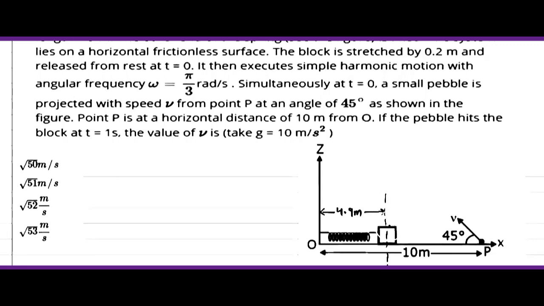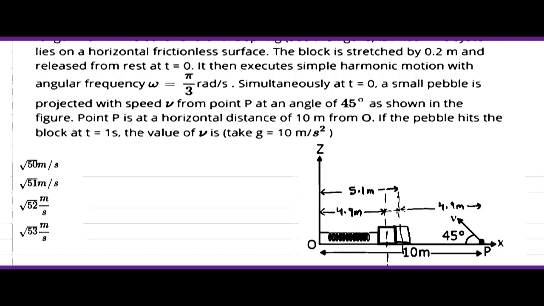So let's say this block has been stretched up to somewhere here by 0.2 meters. So up till this length will become 5.1 meters, and if this is 5.1, then this distance will become 4.9 meters.